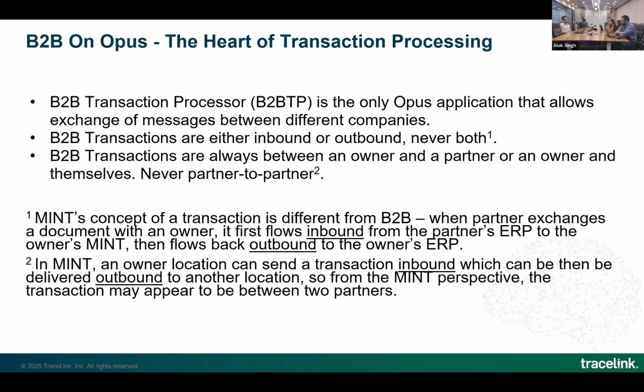And you would think that if it is partner to partner, then why are we trying to send the transaction? But it will get clear in the future slides that there is actually a use case from the B2B perspective where we send a transaction between partner to partner. Not from Mint's perspective. Mint is an application, a separate application. B2B is a separate application. So everything that we are talking about here is with respect to B2B.